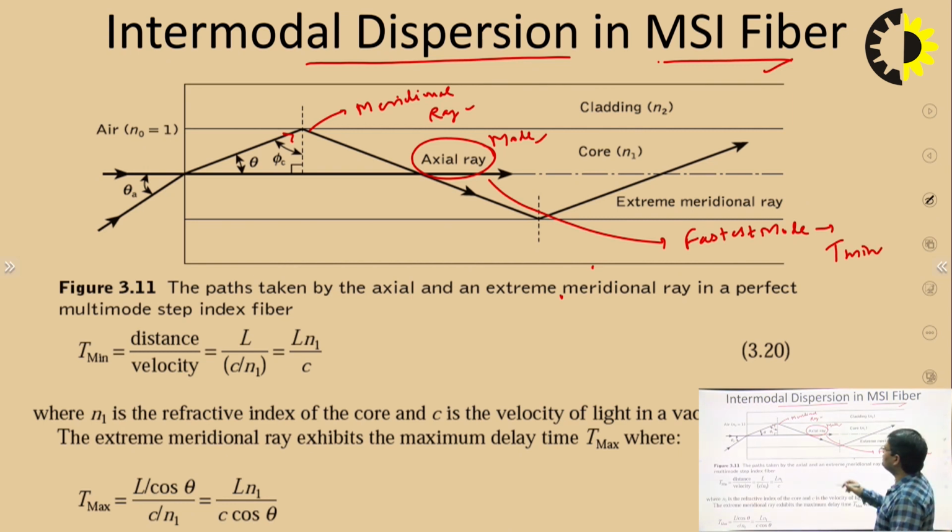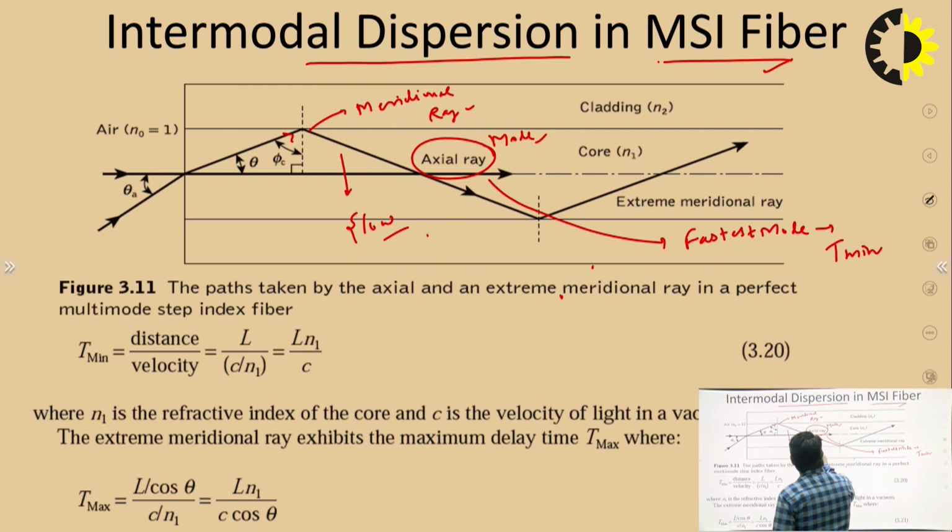And this extreme meridional ray is the slow mode or slowest mode. If this is slow, then the time taken corresponding to this will be T max. So first of all, we will calculate the propagation delay difference between these two modes.